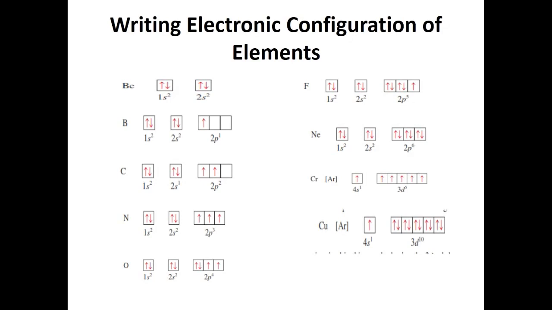Ndio maana tunasema no atomic orbital can contain more than 2 electrons. It is only 2 electrons. Ndio maana ni pair of electrons. Kwa hiyo ilikuwa bwana Pauli's, lakini tukaja bwana Hund's rule.